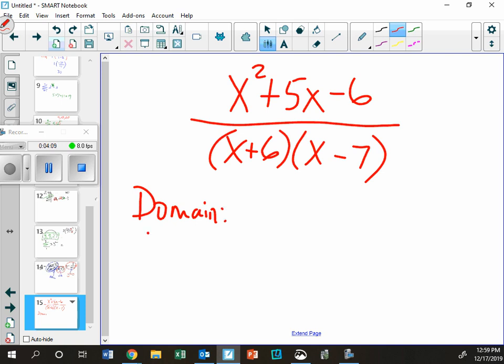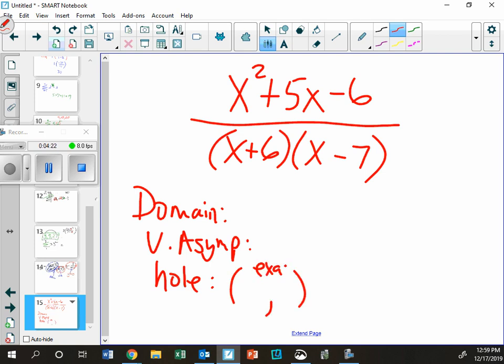You should also be able to tell me the vertical asymptotes and if there's any holes. If you have the hole, you got to tell me exactly where it is. Like, for example, 2 comma negative 9/3 or something like that. So you got to give it to me as a point. All right. I'm going to pause for a second while you give that one a try. The review from yesterday was verticals and the domain and holes.